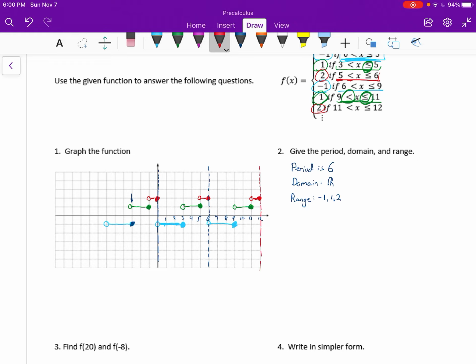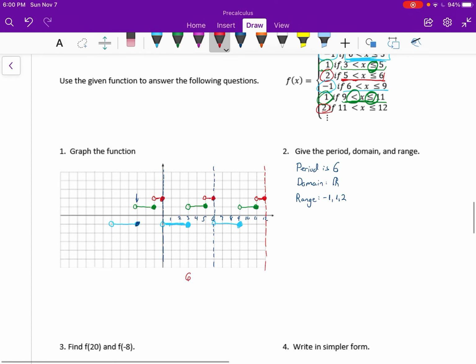So from 12 to 18 will be a section. So 6 units there, 6 units there, 12 to 18. And so this is going to be 18 here. We're just kind of writing and thinking. And then our next section would go up to 24. So 20 is right in here. That's where x equals 20 would be.